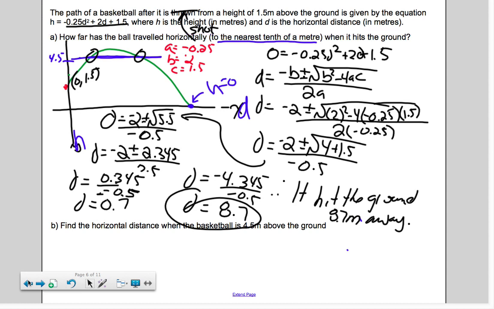I like factoring and completing the square over the quadratic formula because honestly, this is a lot of math. A lot of stuff I can mistype on my calculator, forget a negative sign, simple arithmetic mistakes that give you the wrong answer. Whereas factoring is a little bit more straightforward for me. So it's your preference. If you're better at the quadratic formula, then go for it.